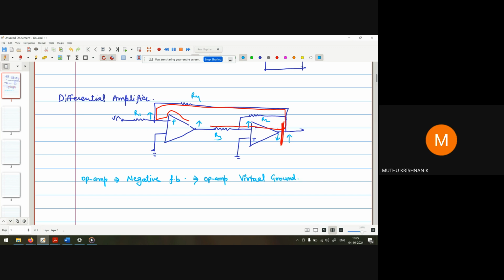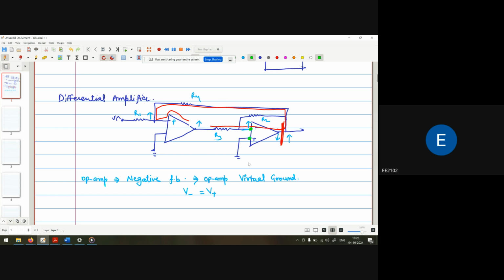At the meeting point of R3 and R2, the voltage V minus is equal to V plus. That means the voltage at this point and at this point is the same. Virtual short or virtual ground condition, we say that.